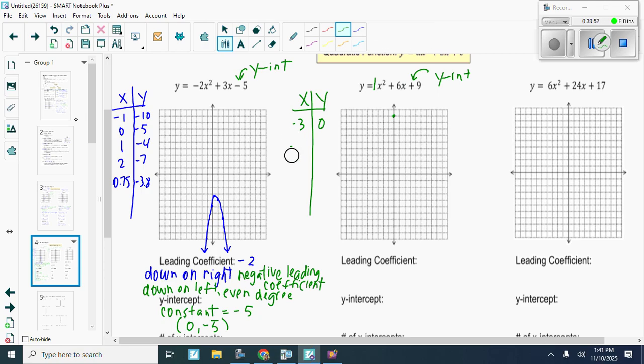Let me just clean this up for a sec. -6, -5, -4, -3, -2, -1, and 0. All right. 4, 5.